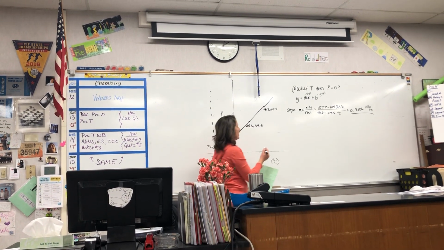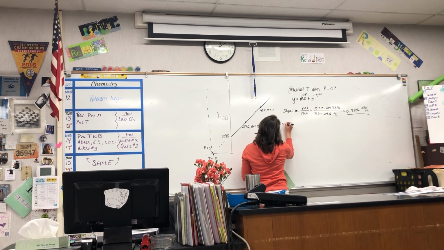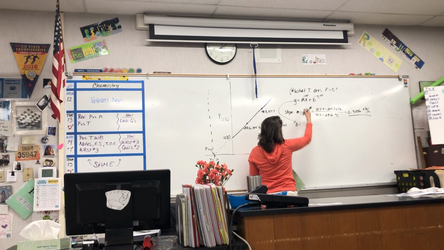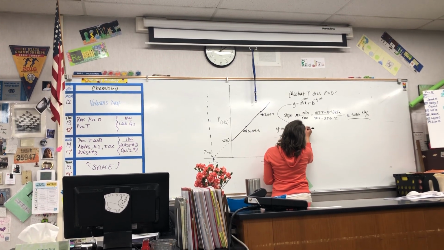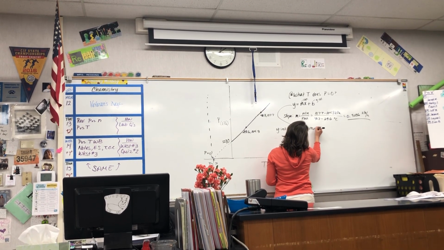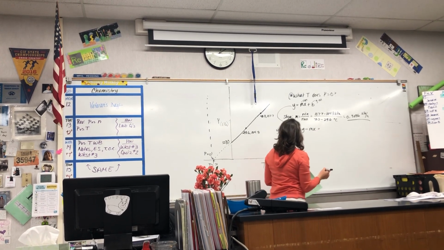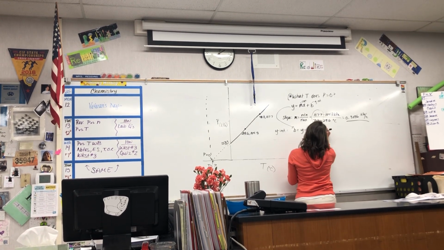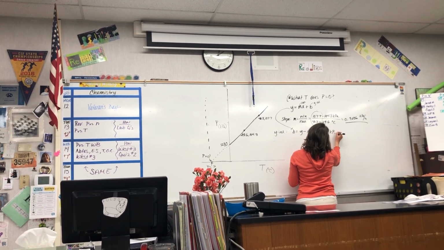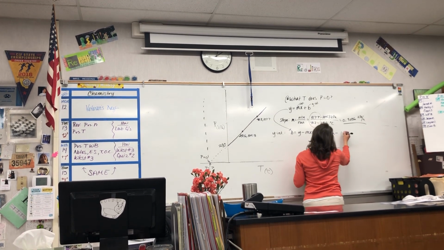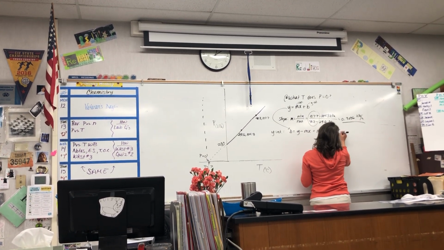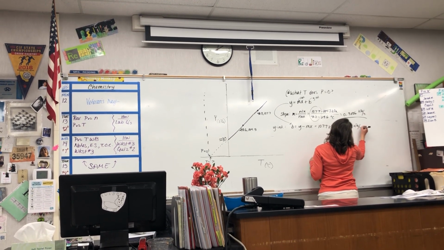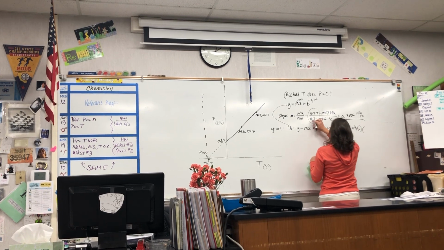Now let's find the y-intercept. So B, I will just rearrange this equation to solve for B, is y minus mx. And so for y, I will use this set of values, 107.7 kilopascals, minus, here's my slope, and then x is this one right here.